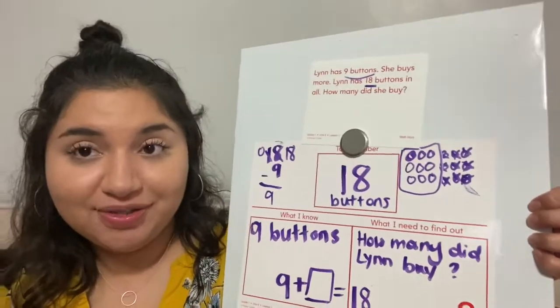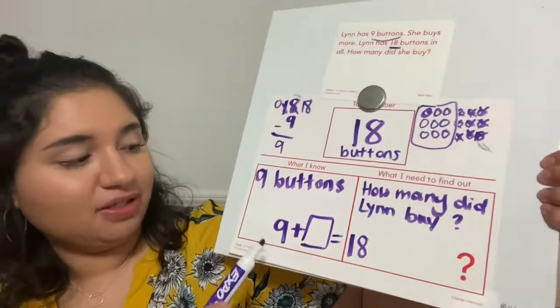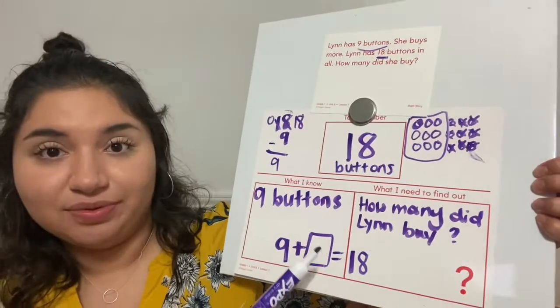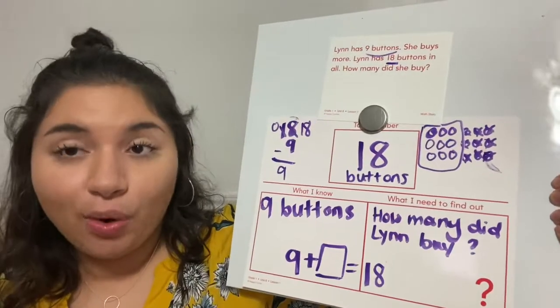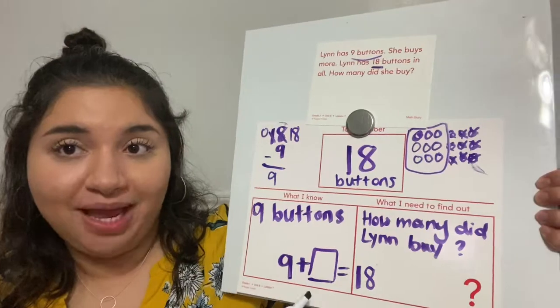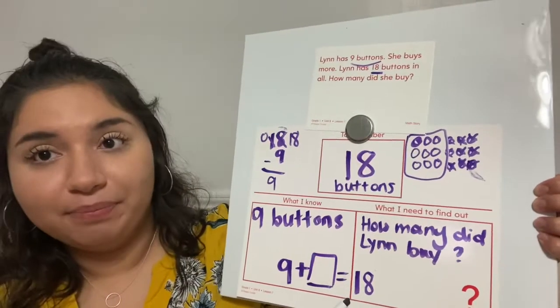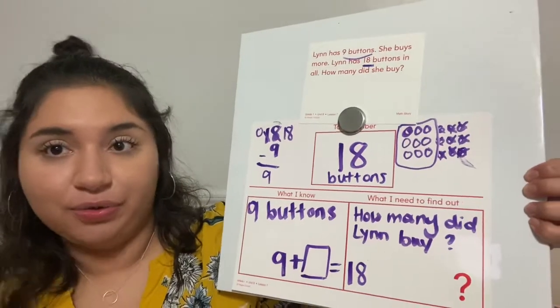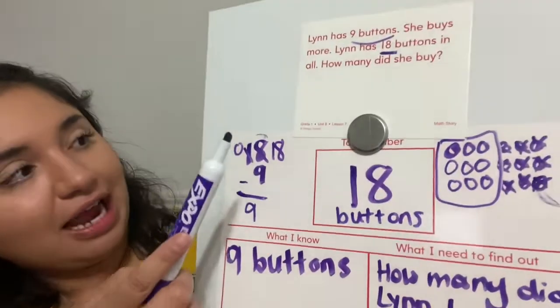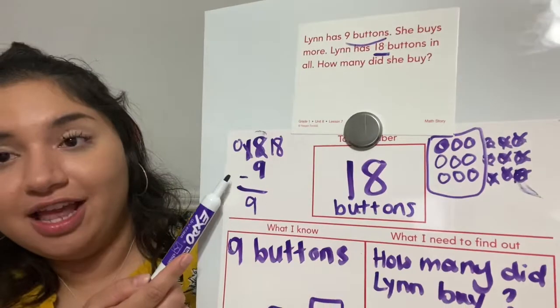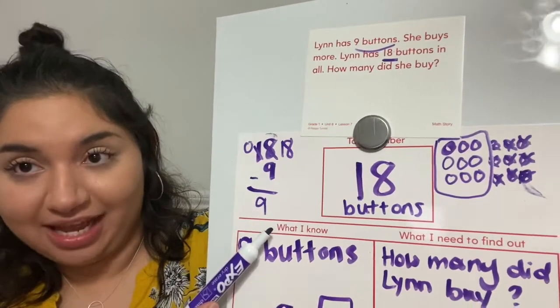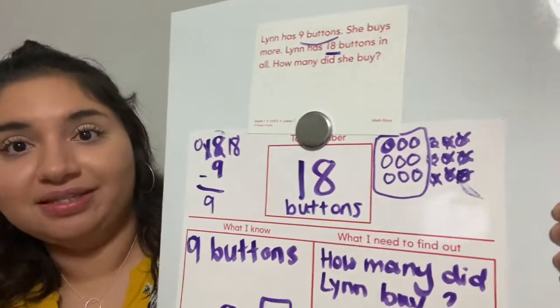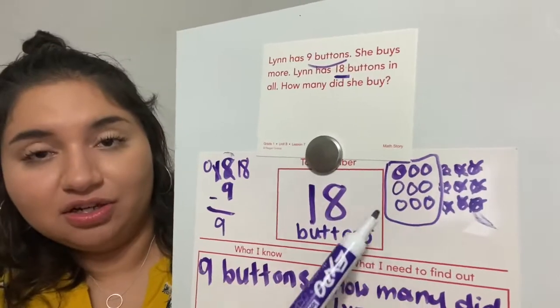Now, in order to do this, I created an addition problem. So 9 plus blank equals 18. Now, in order to figure out what's in that blank, I'm going to take that total number and I'm going to subtract 9 from this total number. So right here, I did 18 minus 9 and I figured it out. That's 9. And a simpler way to do this is I drew 18 circles.